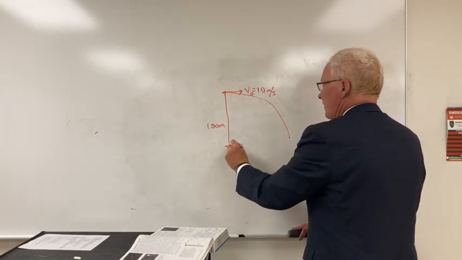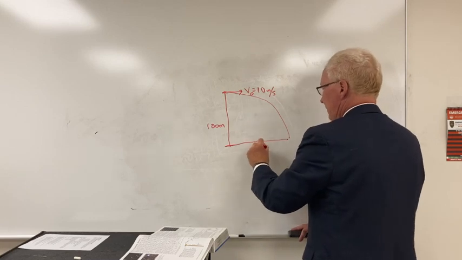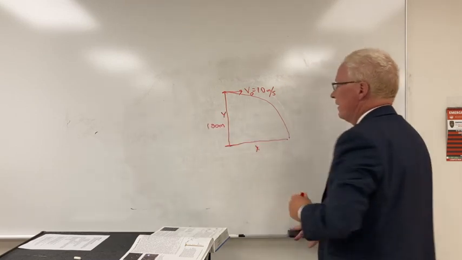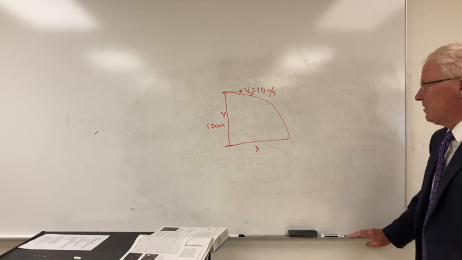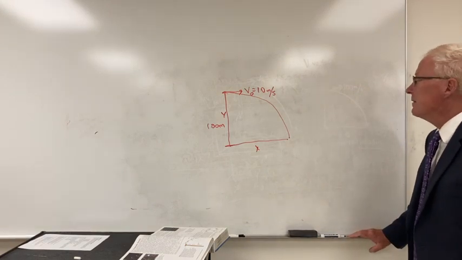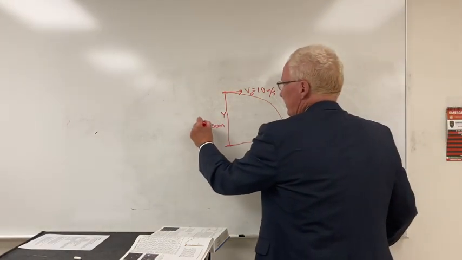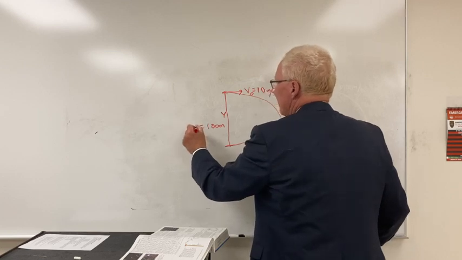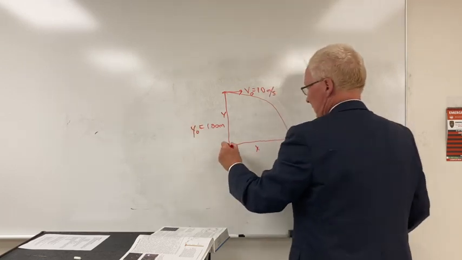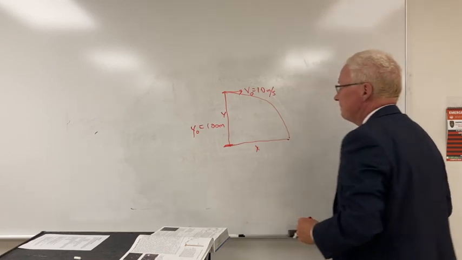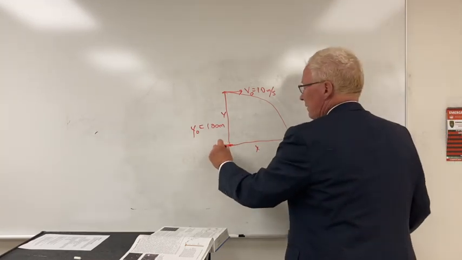How far out does it actually land? This is Y and that's X. All right, how far out does it actually land? Here, Y is 100 meters. So we'll take this to be 0 here.